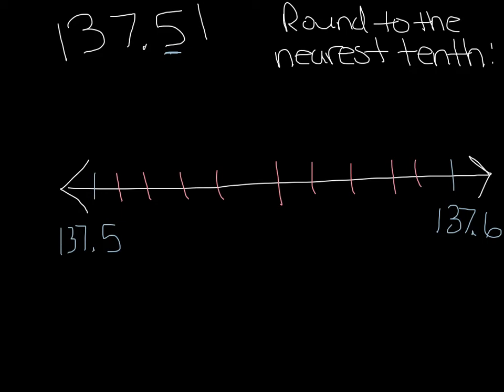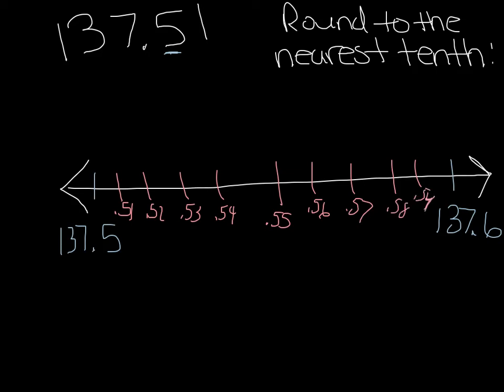Okay, and now again, if we break our tenths into 10 equal pieces, each of these represents 1/100th. So this one right here would be, I'm going to write 0.51, 0.52, 0.53, 0.54, 0.55, 0.56, 0.57, 0.58, 0.59.